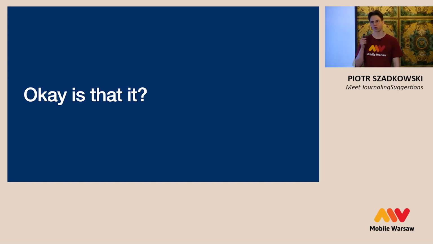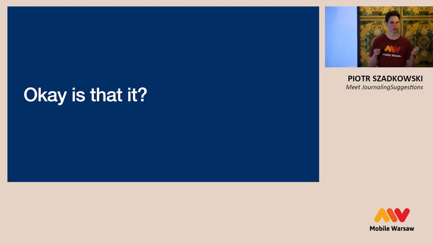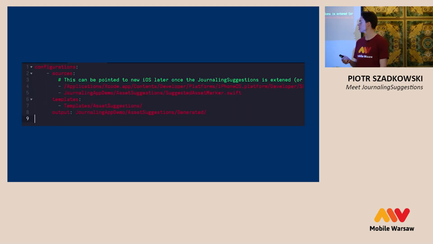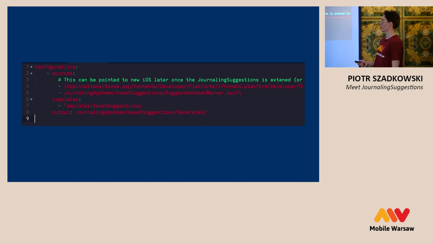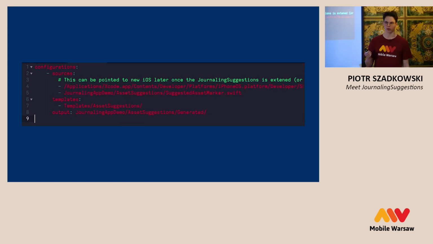And actually we need to, because as I mentioned, Sorcery operates on our own code. So if I just do what I showed before, it has no access to the journaling suggestion framework. So what I can do, for example, is point Sorcery in its config to the platform, and it goes up to the journaling suggestions framework, and it can read its Swift module declaration, and based on that it can generate the code.